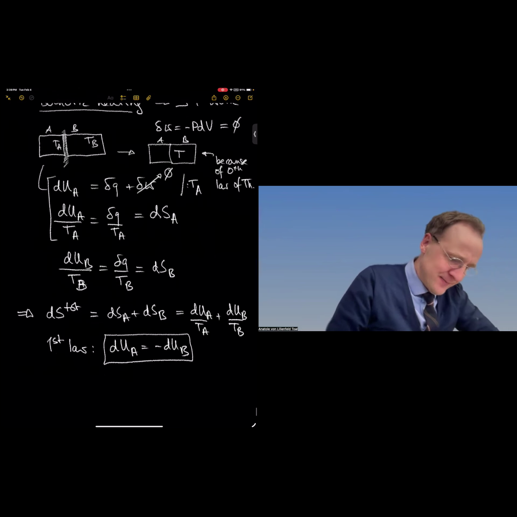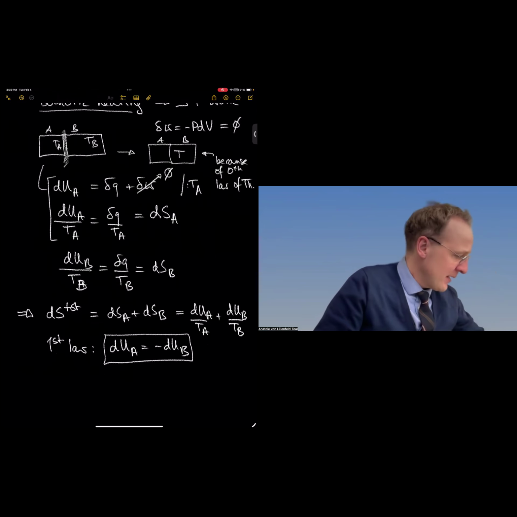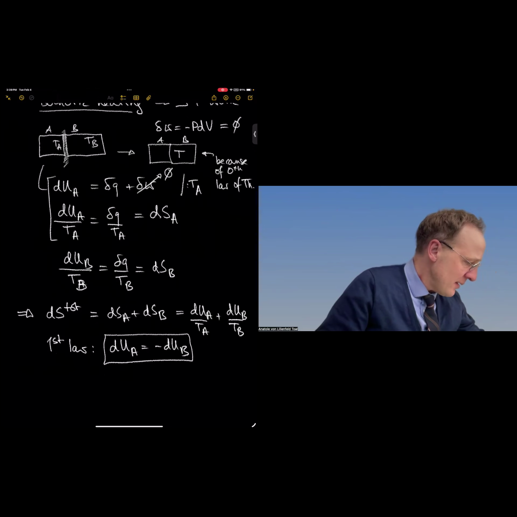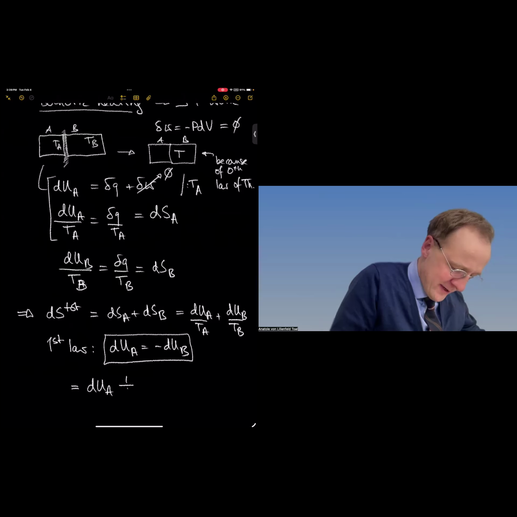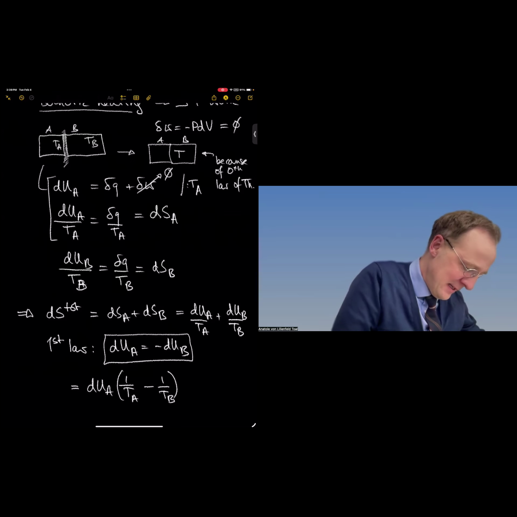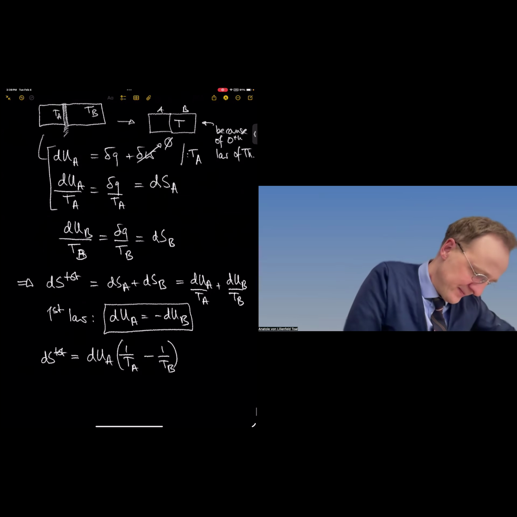Now insert this, and we see that our dS total must be equal to dUA times (1 over TA minus 1 over TB) after we have factored out the dUA. Okay.